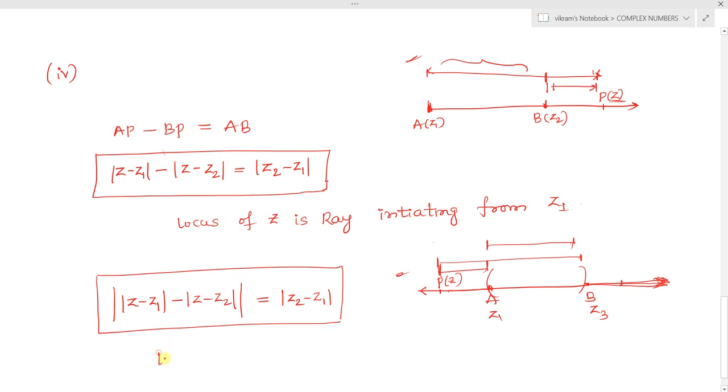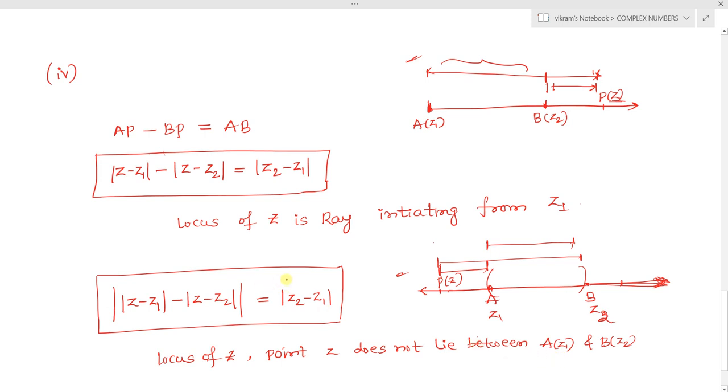We can say this is the straight line, the locus of Z, where the point Z does not lie between A and B, that means between the complex number Z1 and the complex number Z2.